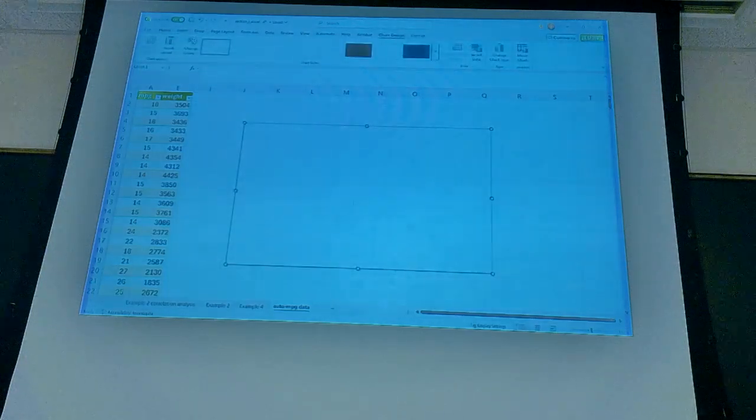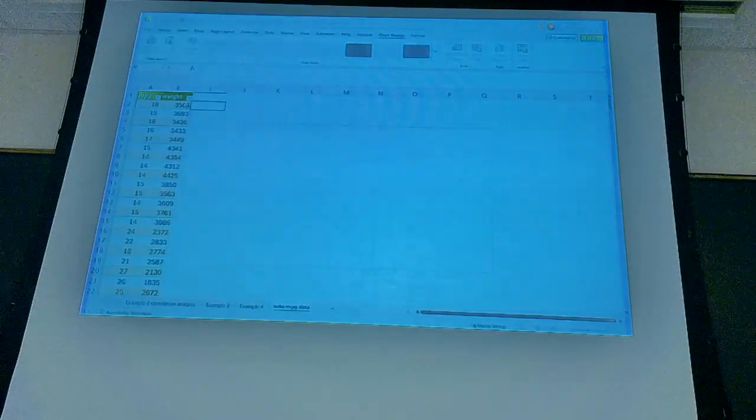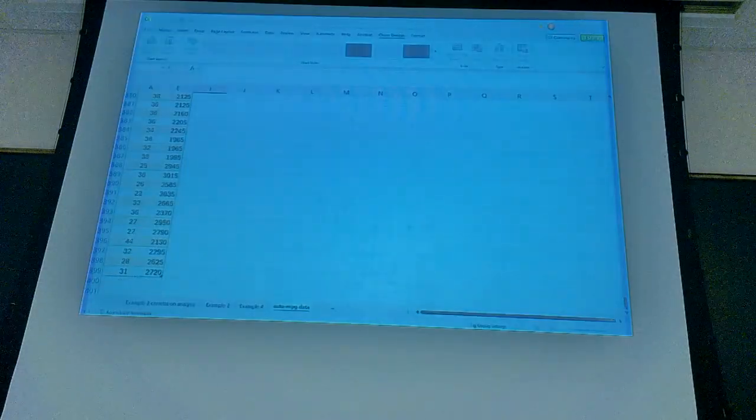Select data. If I do it this way, it's going to give me X and Y, which I don't want.